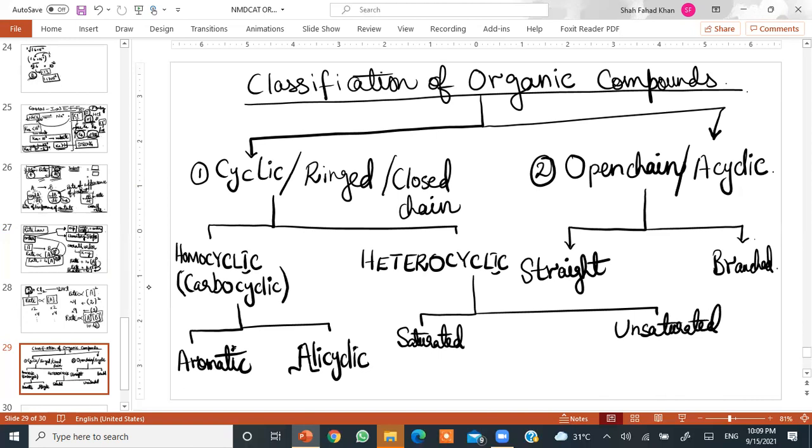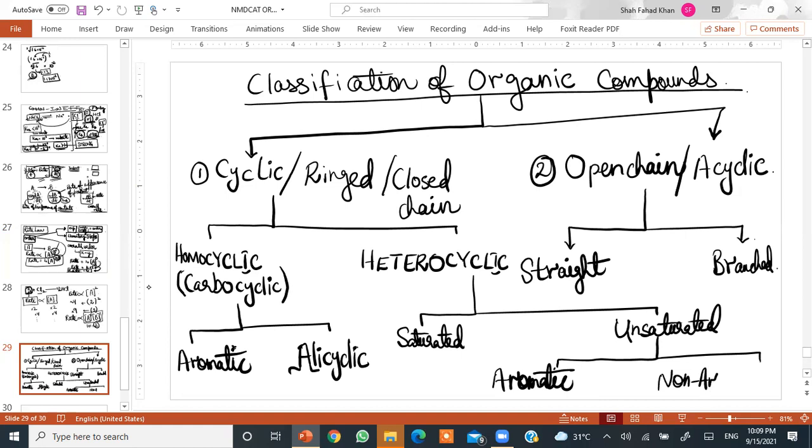Now these unsaturated compounds which have both single and double bonds, they can be of further last two types. These unsaturated compounds may also be aromatic compounds, or they may be non-aromatic compound.